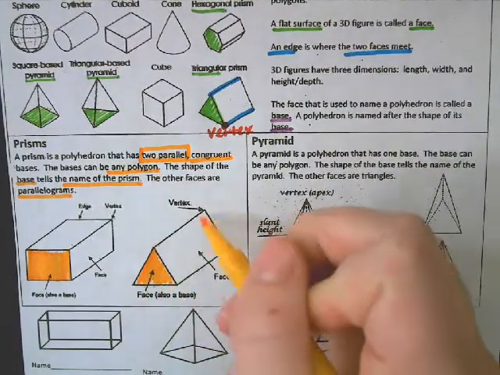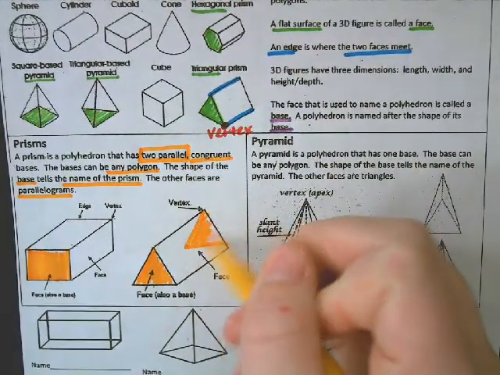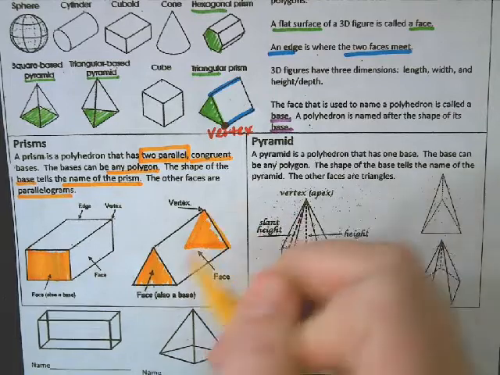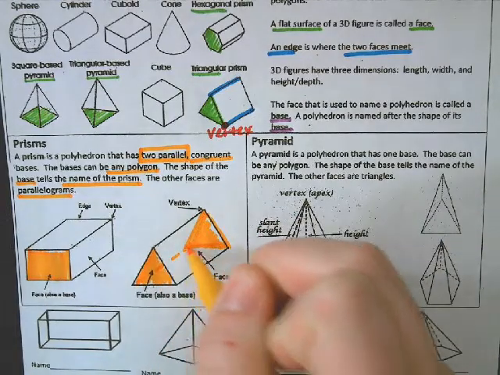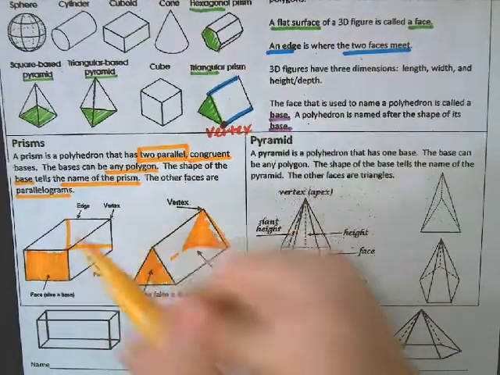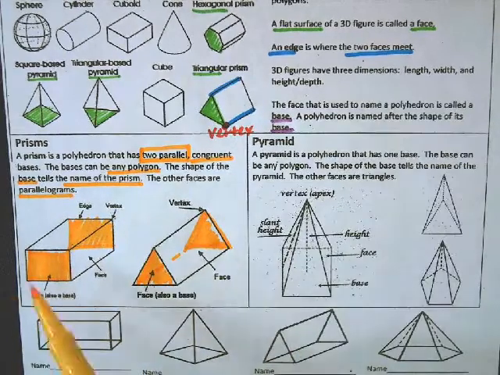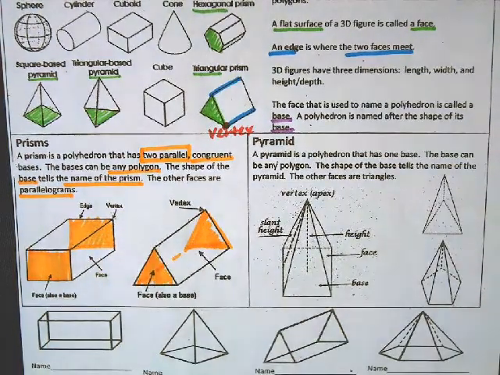Now what you might not see is that on this side is also a triangle, and they would be connected by this invisible line. Very similar to this picture right here. There are 2 faces or 2 bases.